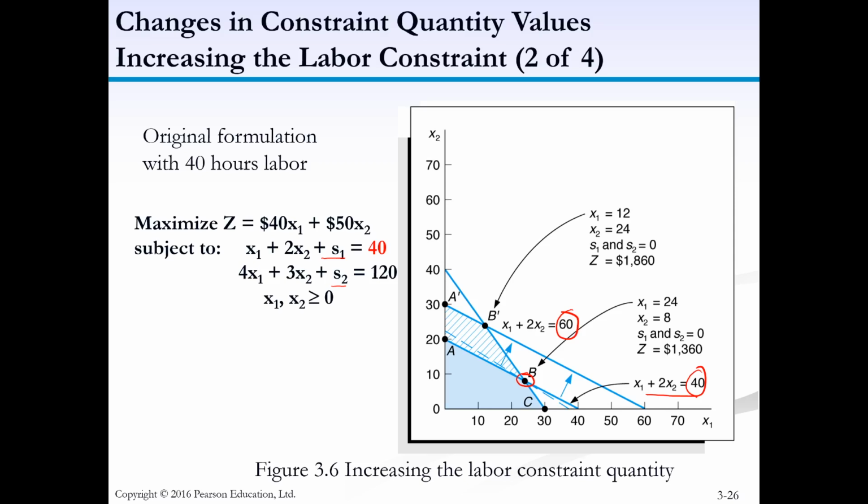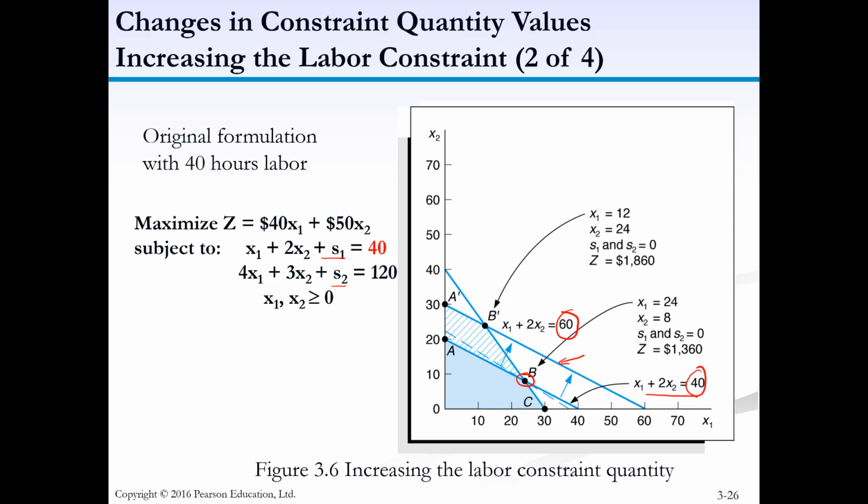Since only the right hand side is changed, with the same slope the constraint has moved away from the origin as shown over here. This is the new constraint, x1 plus 2x2 is equal to 60 now.